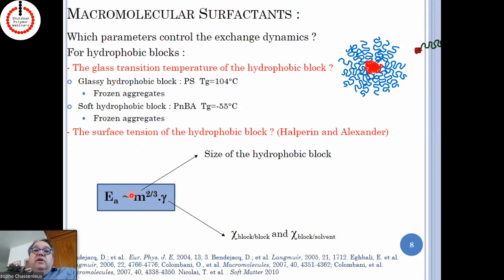So if the polymerization degree is high, or if the surface tension of the hydrophobic block is high, the energy that you have to give to your block copolymer to escape from one micelle is pretty high, and there is no way to achieve it at a given temperature.